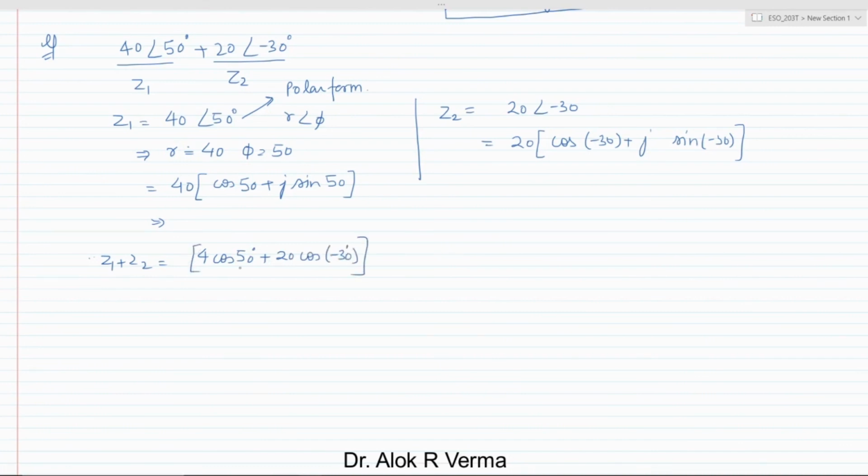This is the real component, plus j times 40 sine of 50 degrees plus 20 times sine of minus 30 degrees. If you do this, it will come to around 43.03 plus j of 20.64. This is the rectangular form.